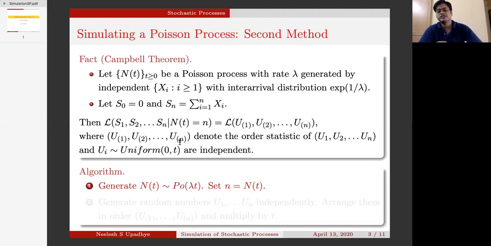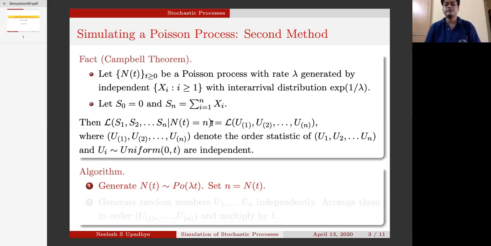Instead, you can straight away simulate the Poisson random variable, and whatever value you get for that Poisson random variable, you set it to be equal to n. So now the condition that N(t) is equal to n is given to you, and your job is to simulate the joint distribution of the arrivals.